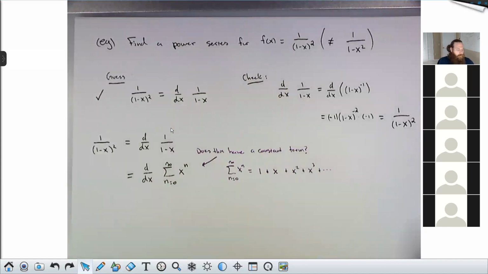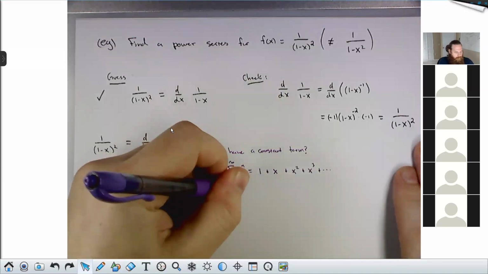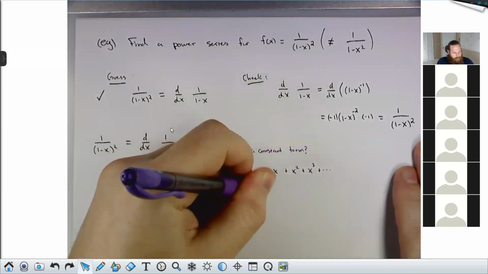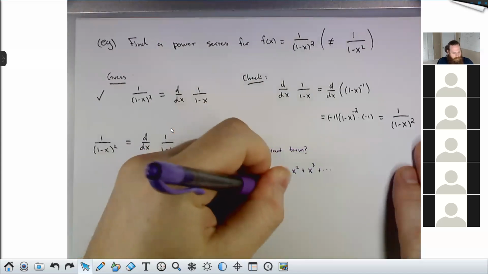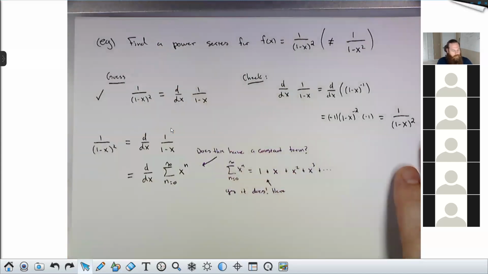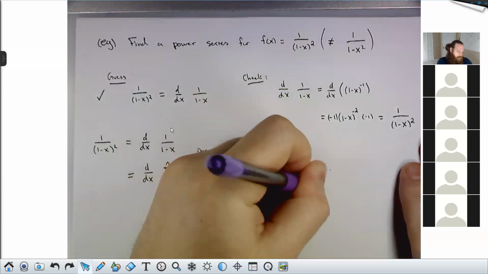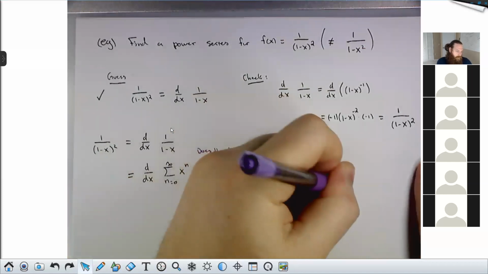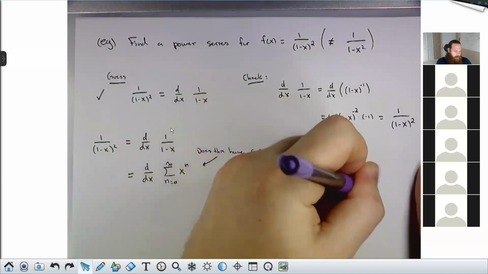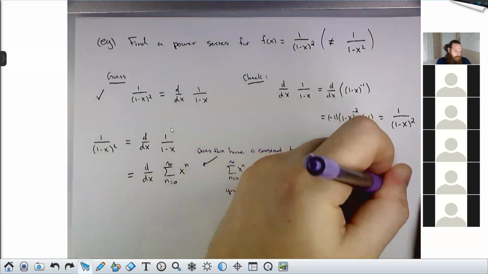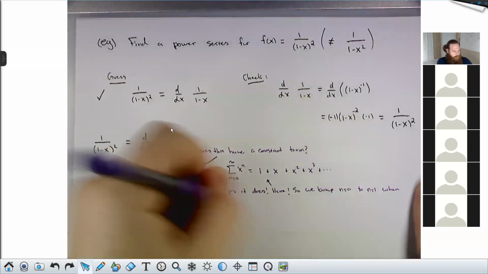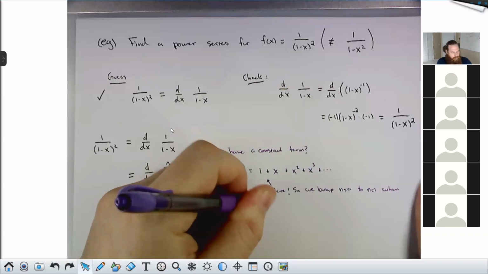So does it have a constant term? Yes, the 1. And that term is going to differentiate to 0 because it's a constant. So yes, we bump the index. We'll bump n equals 0 to n equals 1 when we differentiate.